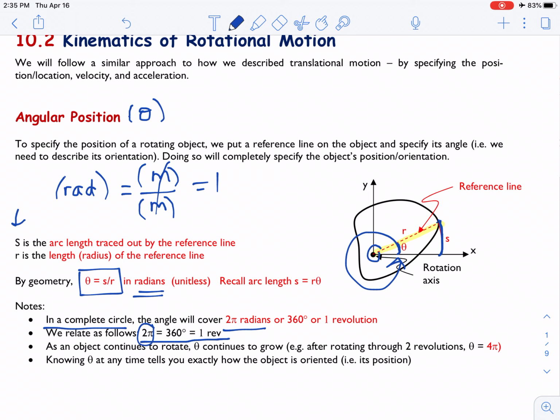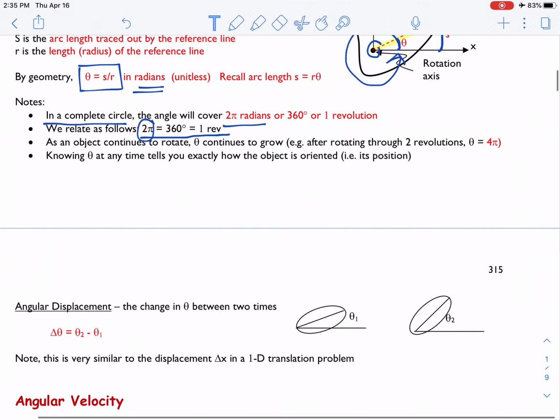As you go over and then draw that circle again, theta increases as the object rotates, because theta is measured from the reference line, right? So that's gonna increase. So after rotating through 2 revolutions, theta will be twice as much as 2 pi, so it's 4 pi. And knowing theta at any time will tell you exactly how the object is oriented, okay? And theta is its position, so that's how you're finding its position.